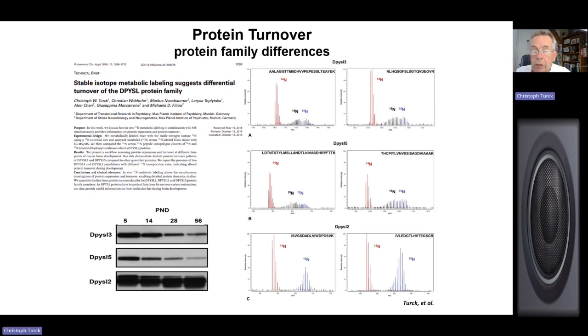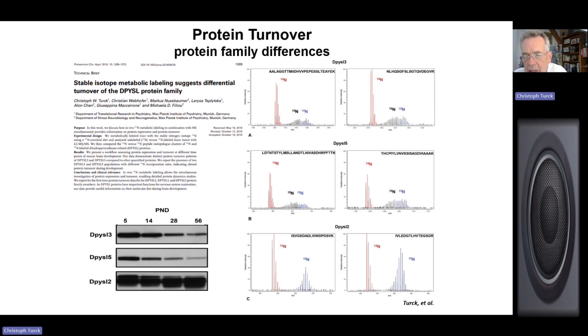That was already one interesting result, but what was even more surprising, maybe not, but interesting for me, and I still wish we could have followed up on this, is that in the 2 DPYSL proteins that have a low turnover, we see 2 populations. Okay, here you can see it, and also here.